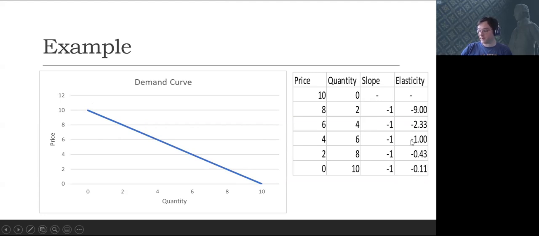And there is one point, when price is changing from 6 to 4, over this portion here, where the elasticity is unitary. So when you have a linear line like this, the slope is the same, but elasticity is going to vary from point to point because elasticity is a percentage change, not the change of the variables themselves.